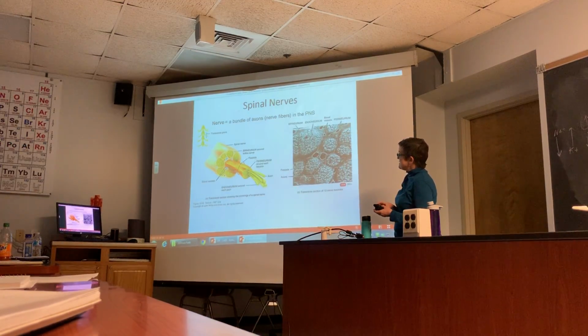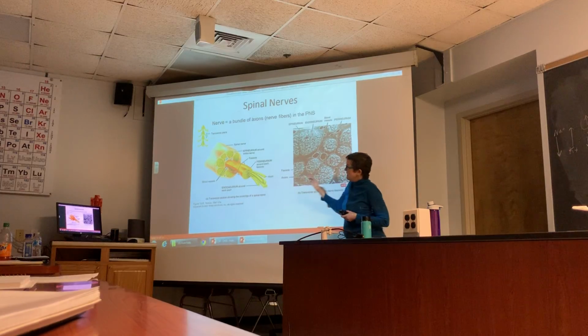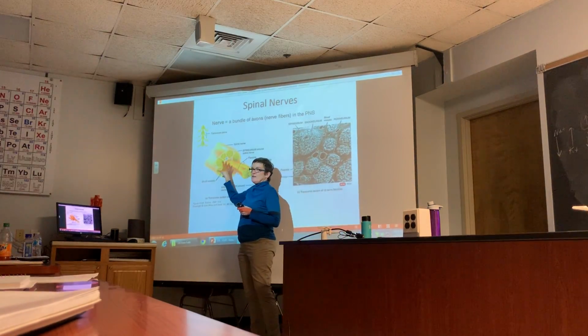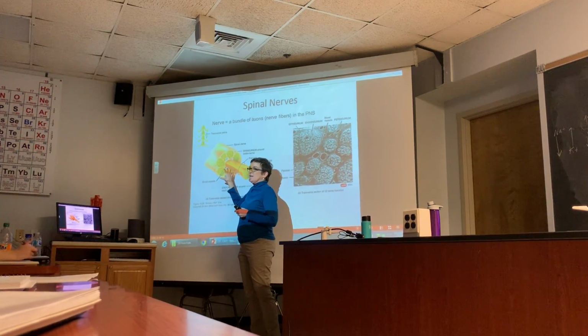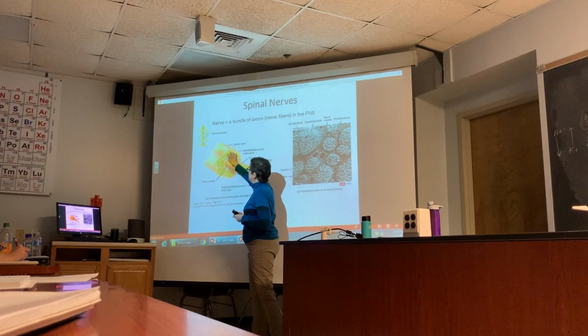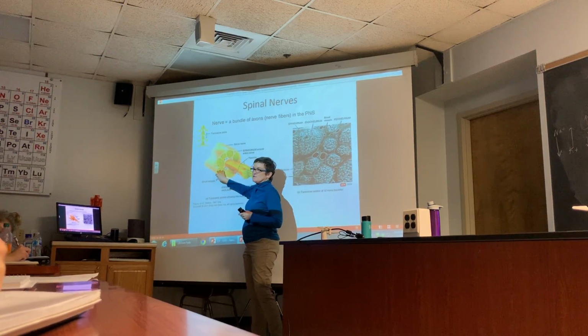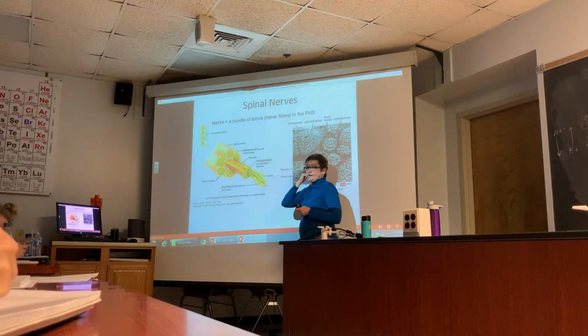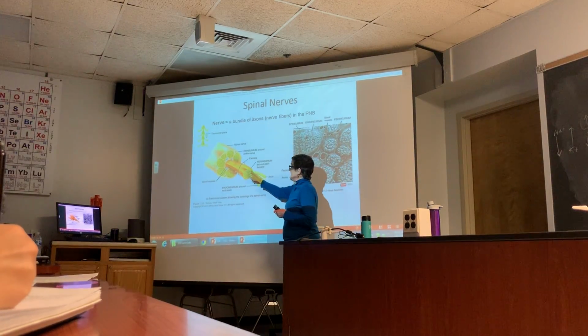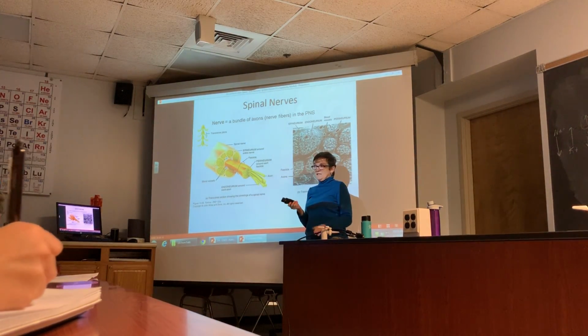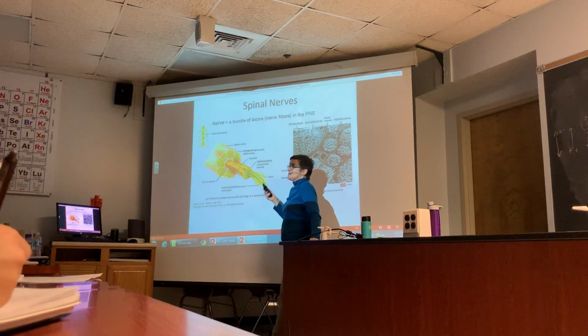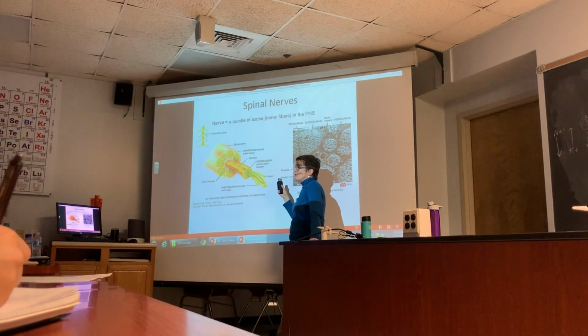And that's what a nerve looks like. Nerves are basically bundles of axons, and they're held together by connective tissue. You have all these little bundles called fascicles, kind of like you have in muscle. You have fascicles of muscle fibers. Here you have fascicles of axons. Some of these axons are going to be myelinated. Some aren't. Some of these axons are motor neurons. Some of them are sensory neurons.